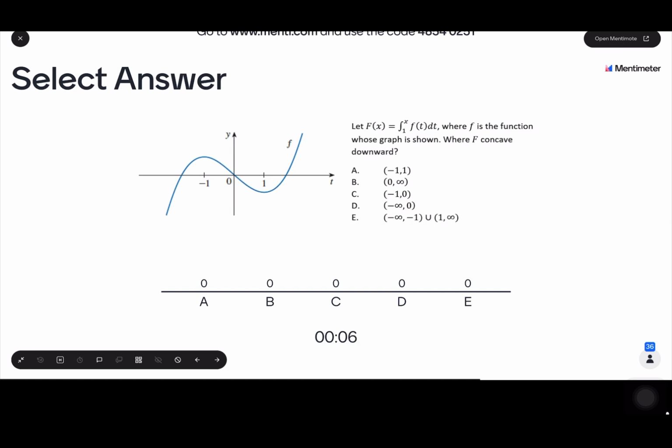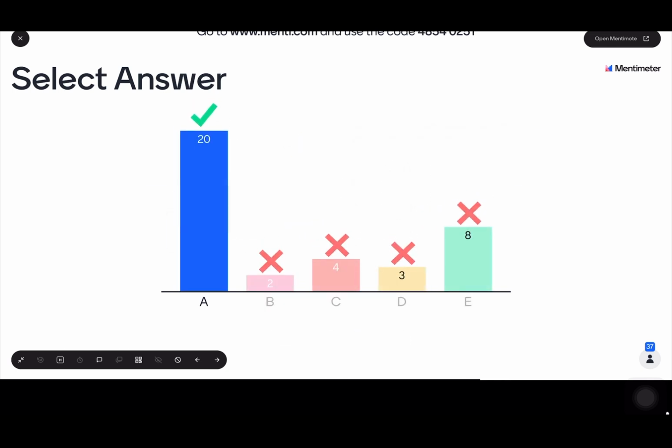How to find concave downward? We need to find where the slope is decreasing.